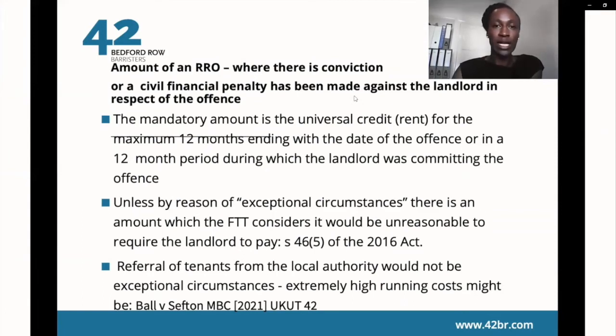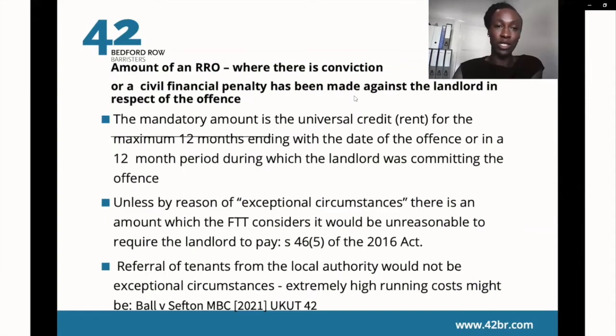And Howard has already explained that if the answer is yes, then the first tier tribunal must order the maximum amount of rent up to 12 months. And that is regardless of whether or not the local housing authority has applied for a lesser amount. And the tribunal will do that unless it's unreasonable to do so.